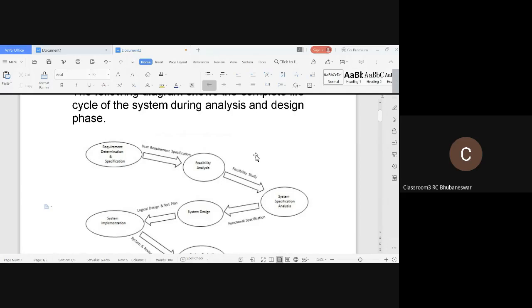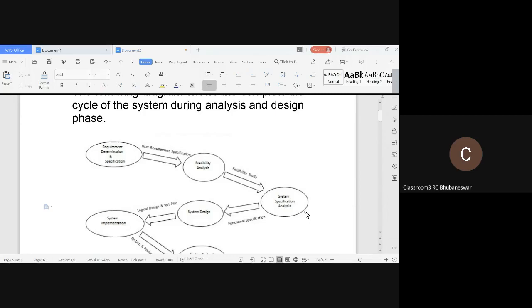Then system specifications analysis, meaning the specifications for the particular system we are developing, like hardware and software. Then functional specifications, which you can say is the design, the functions that should be incorporated in the software or program.